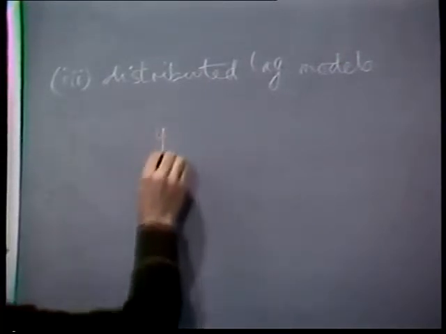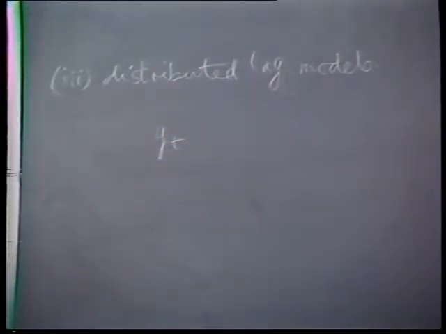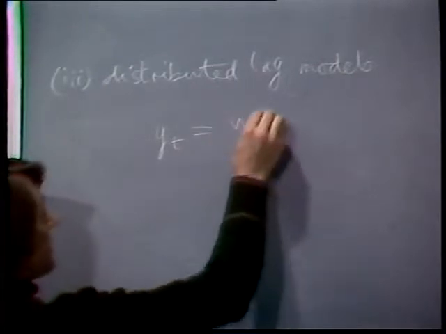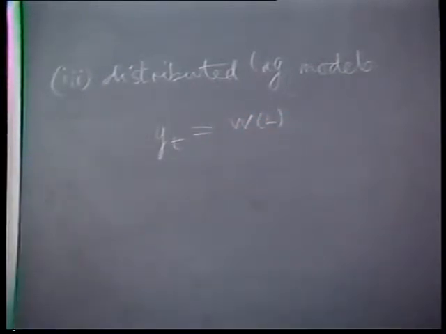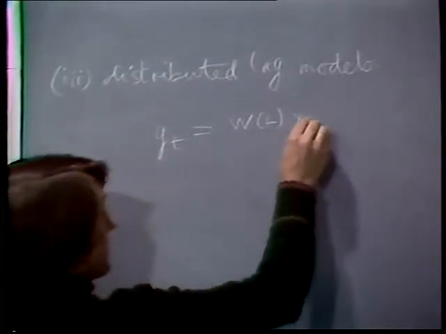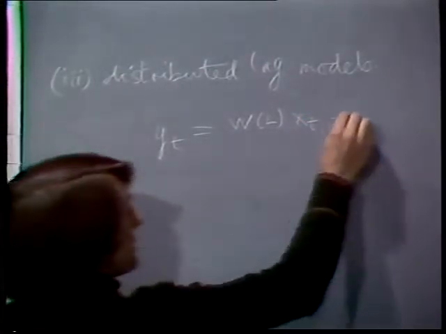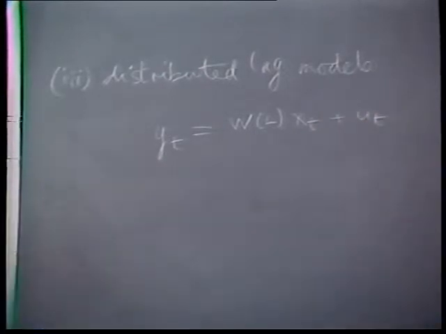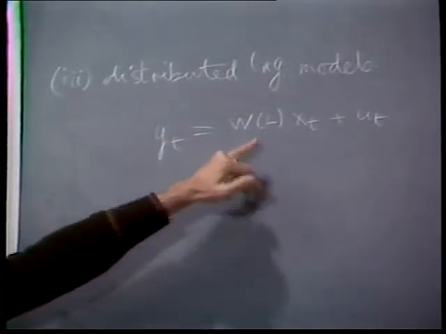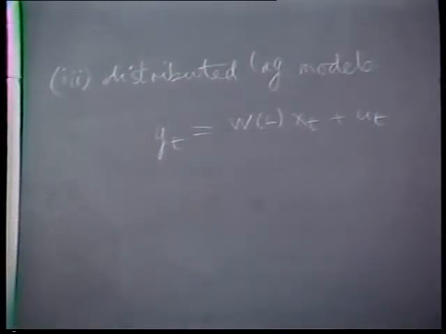So that we might have a variable of interest yt expressed as an infinite weighted function of the lags of some variable xt plus an error term ut. So that again, w of L is a polynomial in the lag operator which might be an infinite order polynomial.